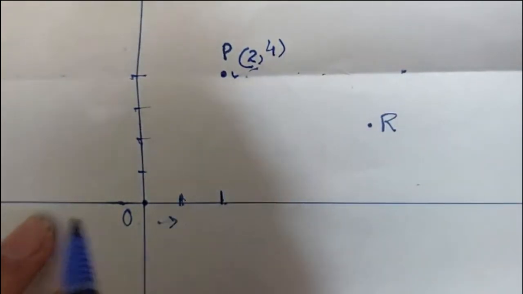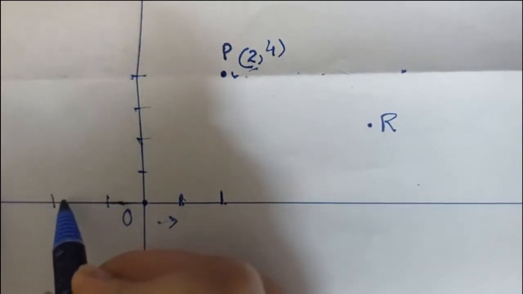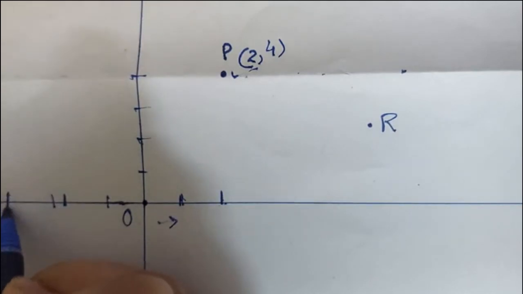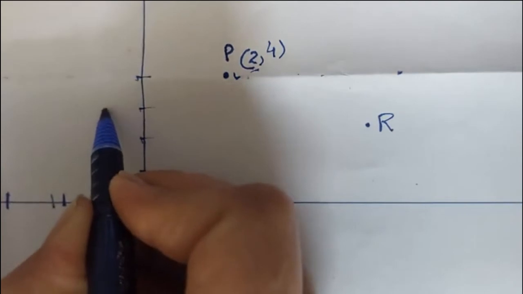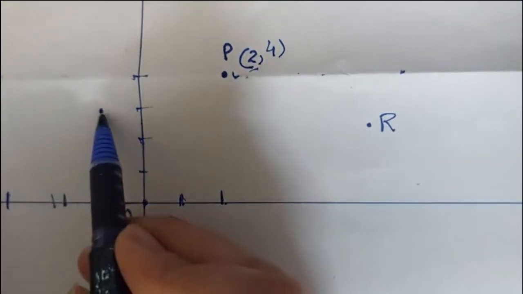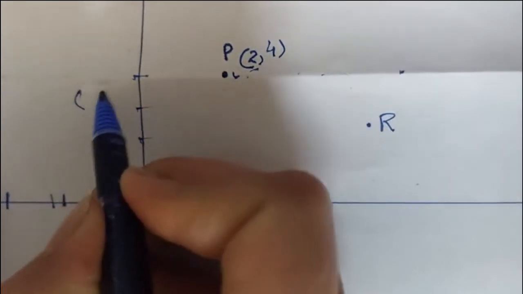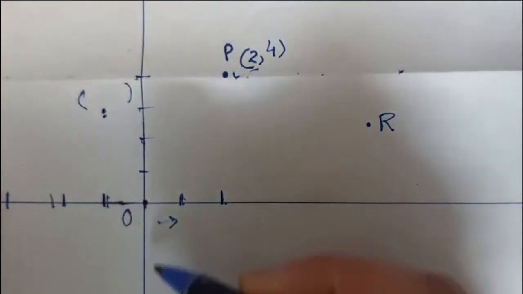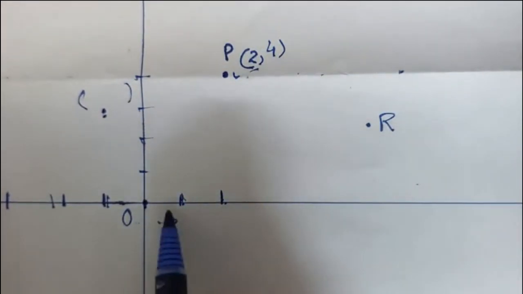And if your point is somewhere here, so this is your 1 unit. The position of this point with respect to this point is given by, again, first the horizontal distance, then the vertical one.